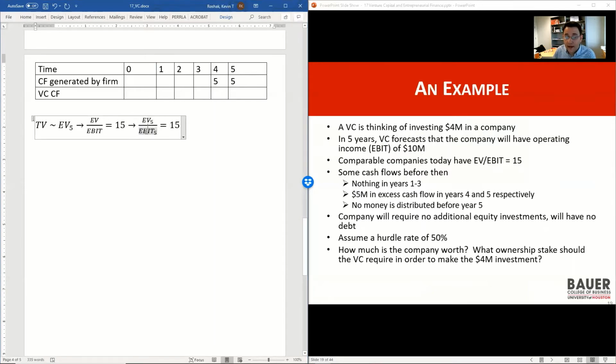The EBIT at time 5 is given as 10 million. That's going to give us the terminal value. The enterprise value at time 5 should be 150 million. The terminal value then is the value of the company. So we have 150 that the VC can sell the company for at time 5.